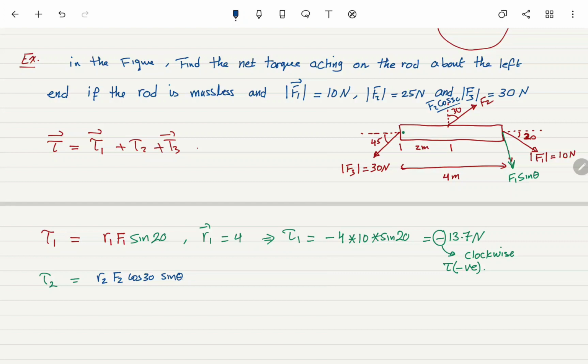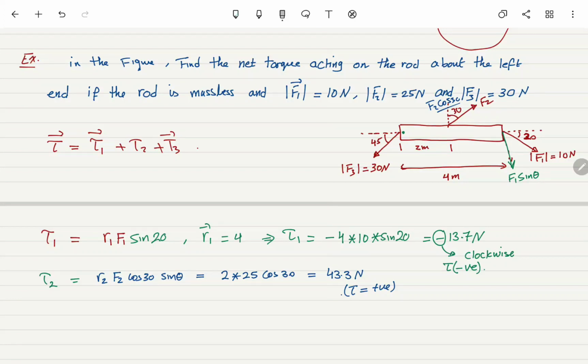It doesn't matter if we write this down or ignore it, because sine 90 is equal to 1. You just do the math, you will find it equal to 2 times 25 cosine theta, and the answer is 43.3 newtons. And remember it's positive because the applied force is counterclockwise and the torque should be positive.